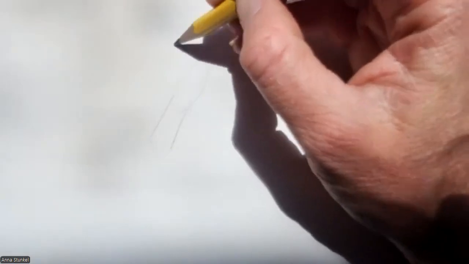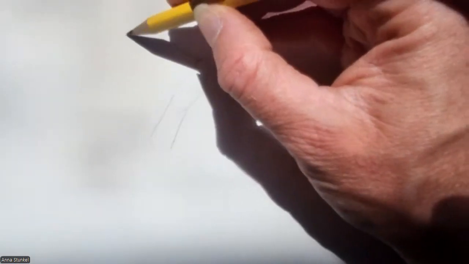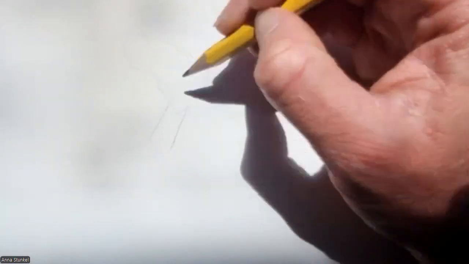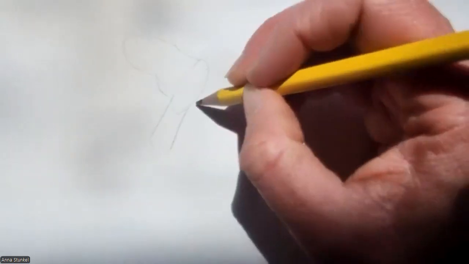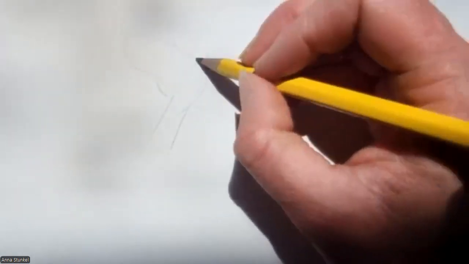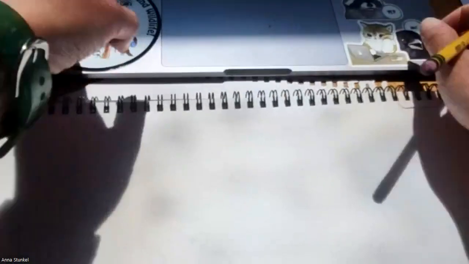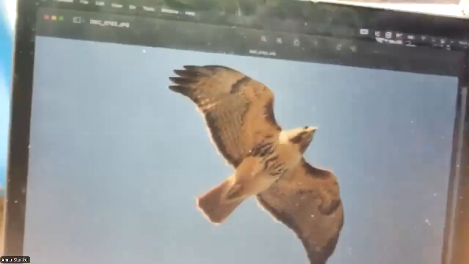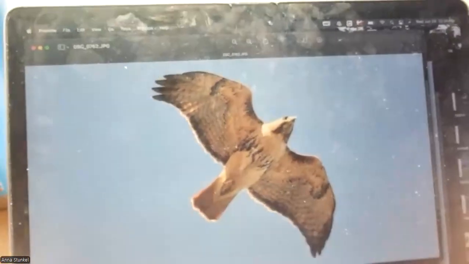Oh, there we go. I had a quick question here. Julie, are we supposed to be able to see the red tail? Because I just pulled up on another screen a Cooper's hawk earlier. But are we supposed to all be viewing the same hawk here? We emailed it in advance, Brian, so everybody, I asked people to print it out or have it on another device. So those of you who may not have, there it is.